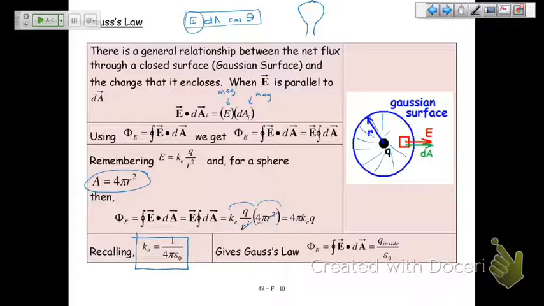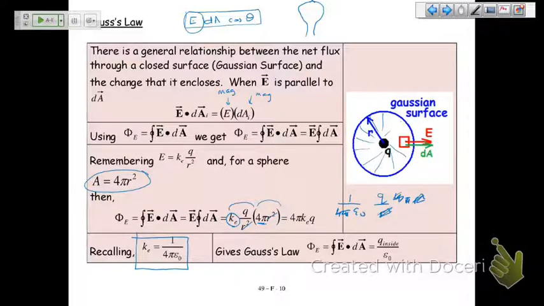There's a 4 pi and there's a k_e, so I substitute in: 1 over 4 pi epsilon naught, Q over r squared, 4 pi r squared. That 4 pi goes with that 4 pi, and I get Q over epsilon naught.